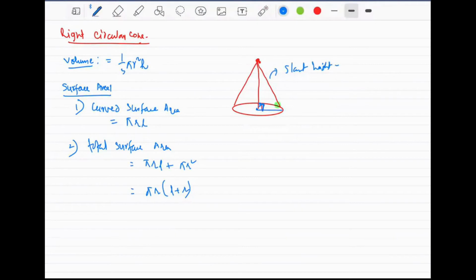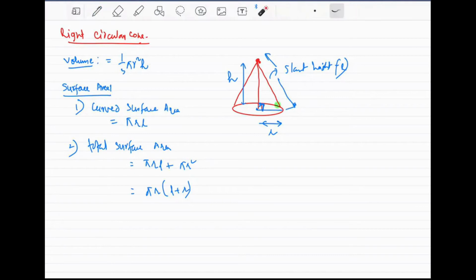The slant height will be represented by L. So this is H, this is R, this is L. Let me show you in the diagram itself. This is H, this is R, and this is the slant height L.